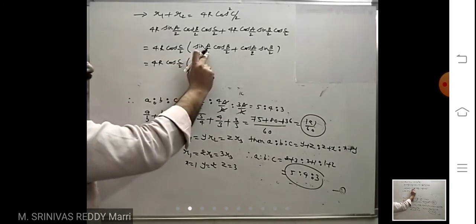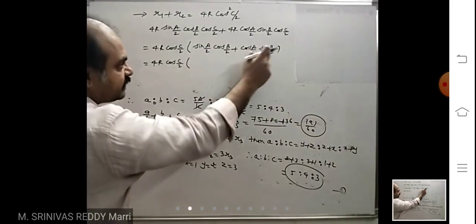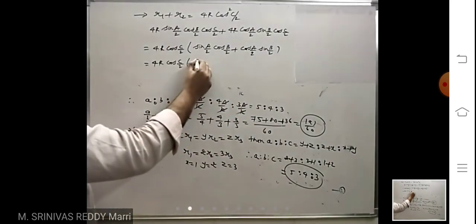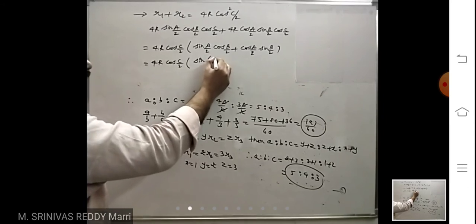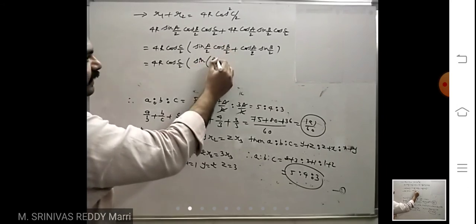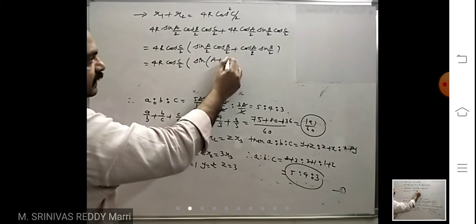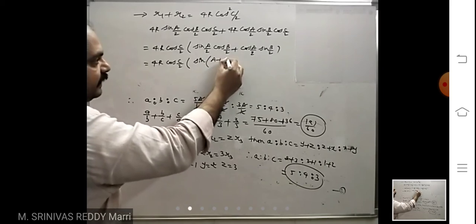If you look at here, sin A cos B plus cos A sin B, that is nothing but sin of A plus B. Sin of A plus B means A by 2 plus B by 2, that means A plus B divided by 2.